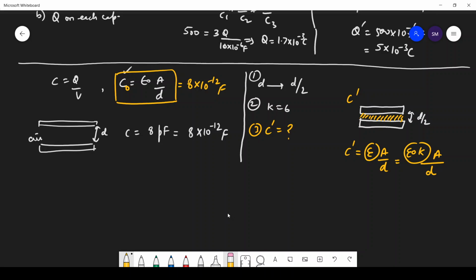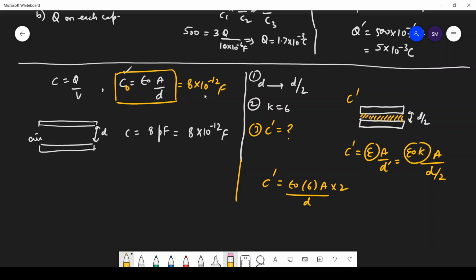Okay, now when it is filled, this will be the formula, and this also changes to D by 2. So C dash is equal to epsilon naught, the value of K is 6, A into D by 2, so 2 will come upside. And what is the value of epsilon naught A by D?